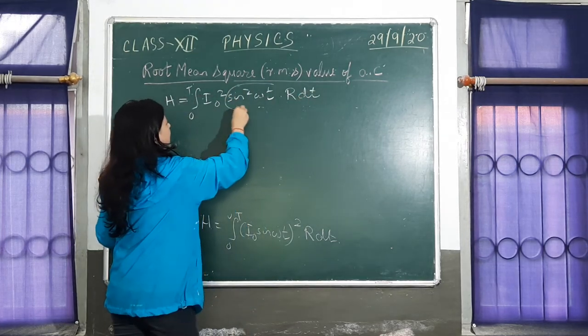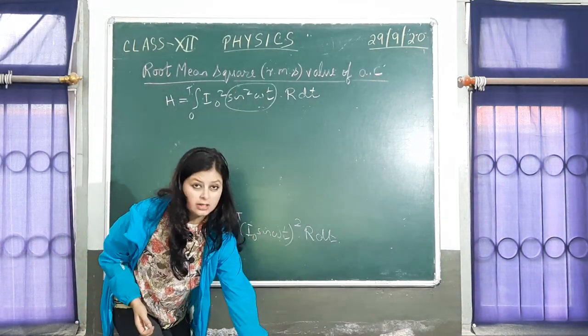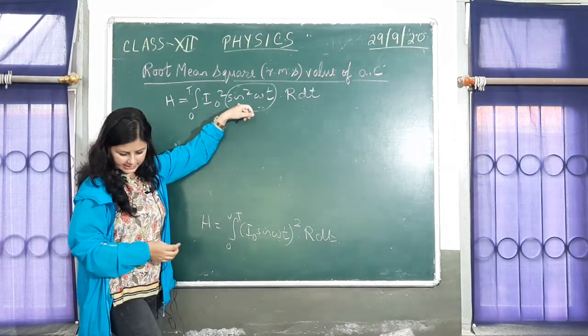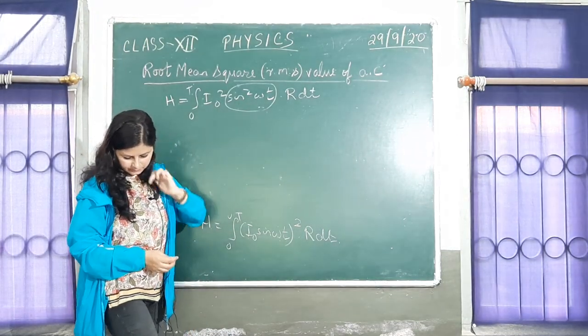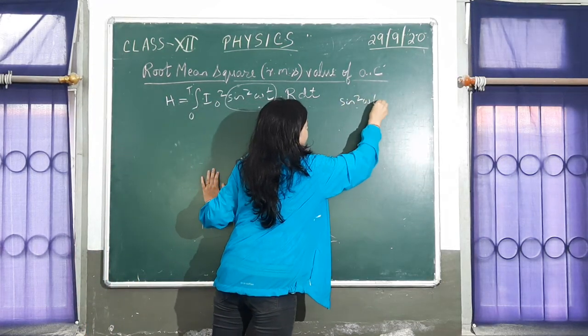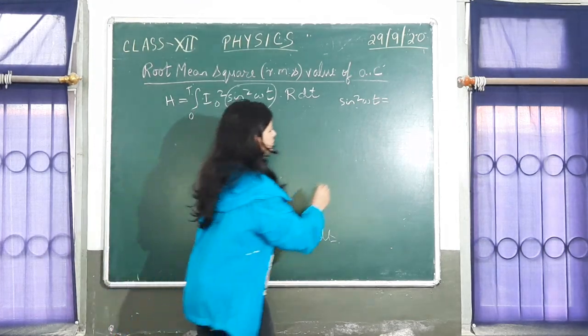Now this has to be written in a term which has got power 1. Sin squared omega t can be written as, you have to know this from your trigonometric relation, (1 minus cos 2 omega t) by 2.